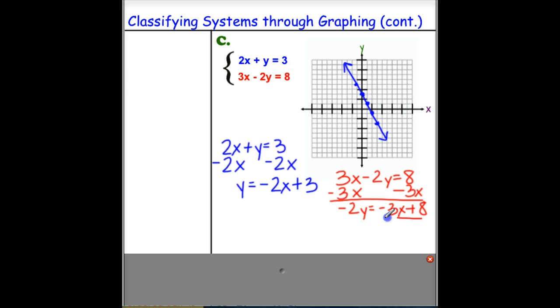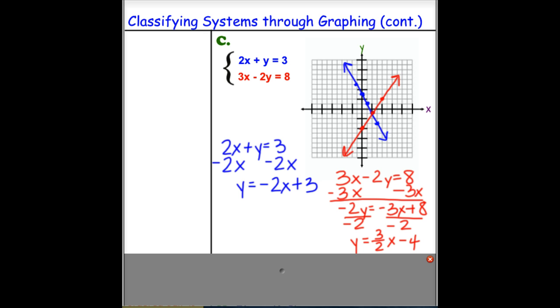And then we'll divide everything by negative 2, which gives me y is equal to positive 3 halves times x minus 4. So when I go ahead and graph that, minus 4, positive 3 halves, so we go up 3 forward 2, up 3 forward 2, and since I've already crossed it, I can go ahead and draw in my line.